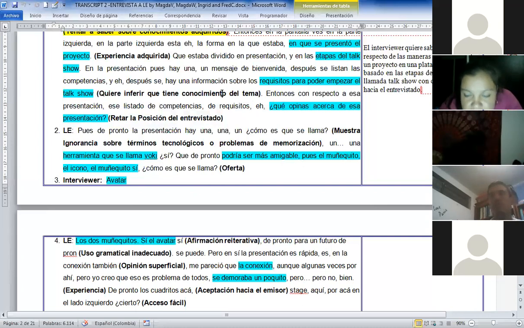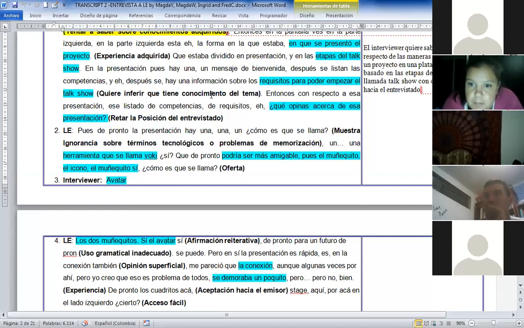Diana, so you're saying that it is not bad, but it's not necessary because that is not the question we were asked? Yes. If the question is, what are the students' opinions regarding the learning object, and I say, "quiere inferir que tiene conocimiento del tema," that is not going to answer the question. That code tells me how the speakers are using the language in order to communicate.